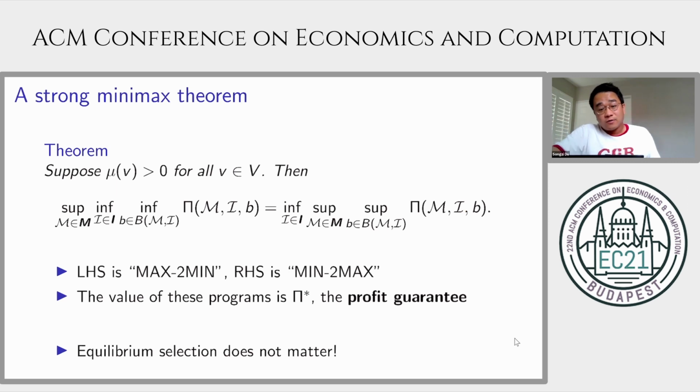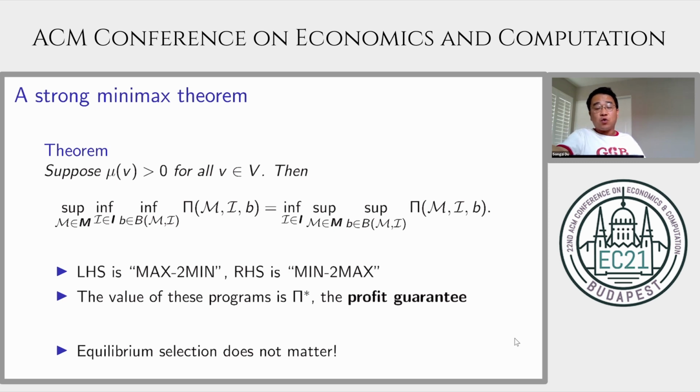So our minimax theorem says that these two problems have the same value. We call this the strong minimax theorem because who gets to select the equilibrium is different across the two sides. So the profit guarantee given from these programs is robust to the selection of equilibrium.